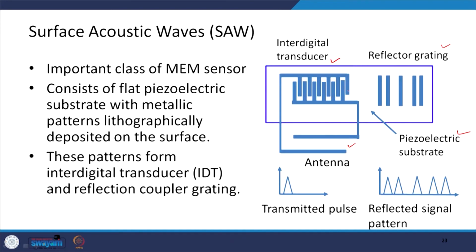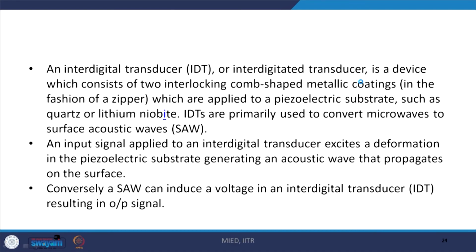Basically, you can see here the interlocking comb-shaped metallic coating, in the fashion of a zipper, which is applied to a piezoelectric substrate such as quartz or lithium niobate. IDTs are primarily used to convert the microwave to the SAW, that is the surface acoustic wave.